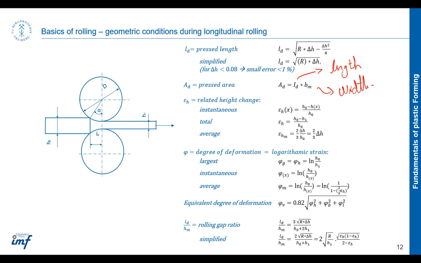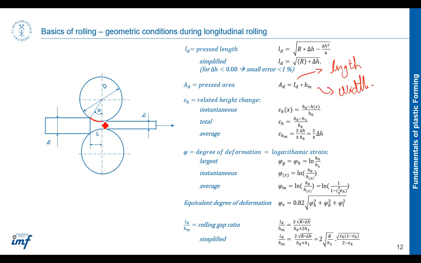What does grab mean in this context? In what context? We are calling this grab length, so the length of the billet which is between the rollers, which is in direct contact with the roll surfaces, we are calling it grab length, which is mentioned here as LD.